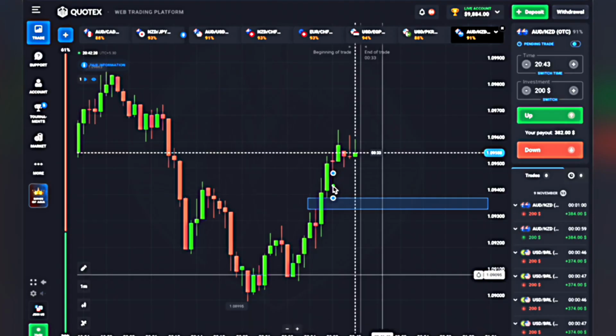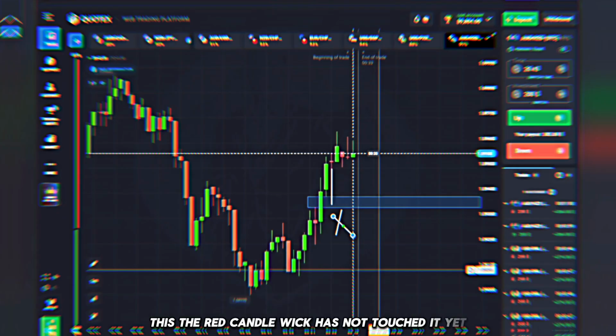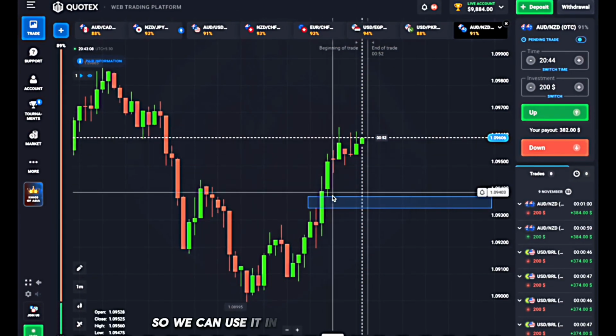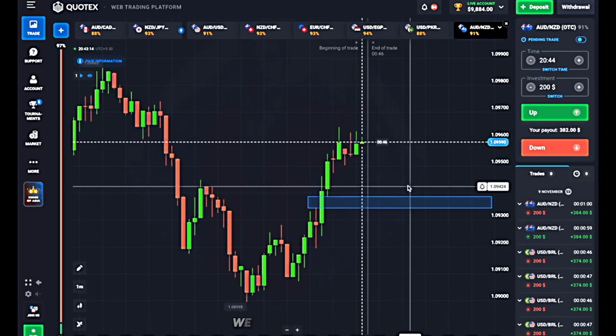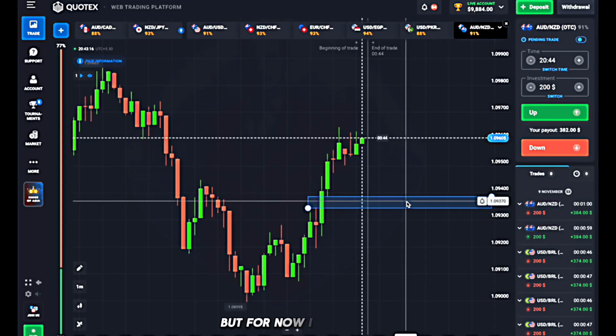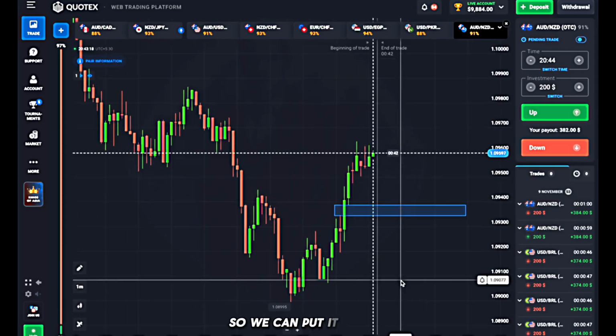Okay, it works the same with the order block and fair value gap. If it is used, we cannot use it again, but in this case it is not used, the red candle wick has not touched it yet, so we can use it in further trade opportunities. Okay, we can mark that, and once it is used, we will delete the line, but for now it is not used, so we can keep it as it is.